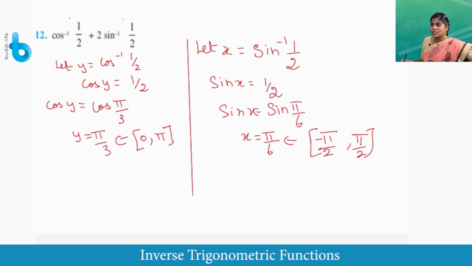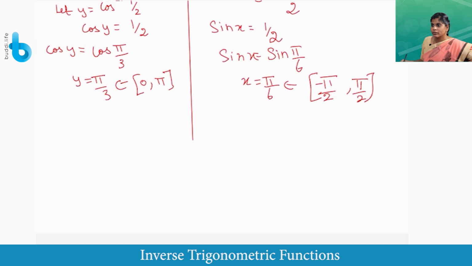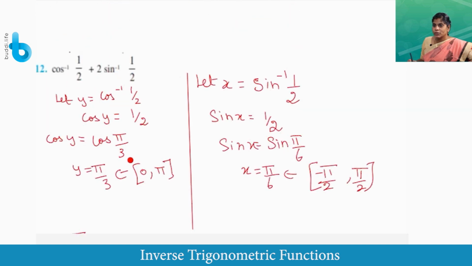So we'll sum both the values now. So pi by 3 plus pi by 6. See, most of you, even I did it here. See in the question, cos inverse of 1 by 2 we found, sin inverse of 1 by 2 we found, and there is a 2 in product with the second term.